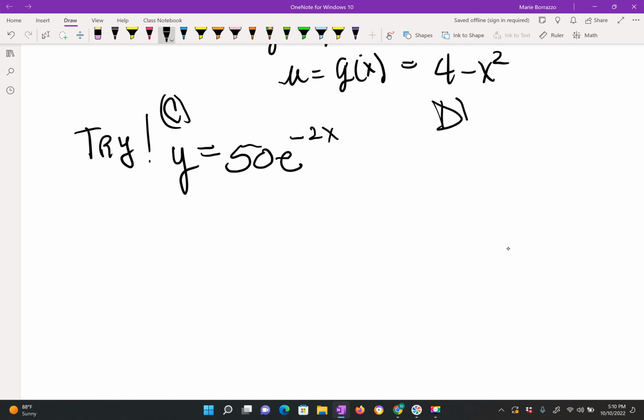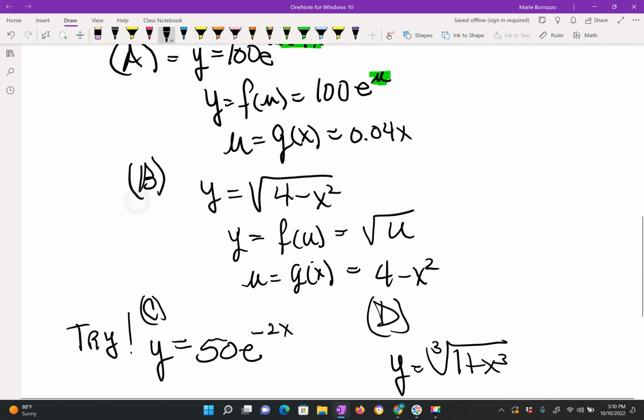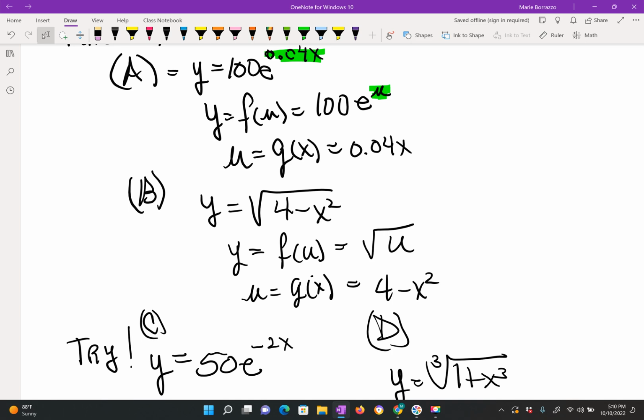And for part D, I'm going to ask you to take y equals cube root of 1 plus x cubed. Tell me what you think the answer should be.